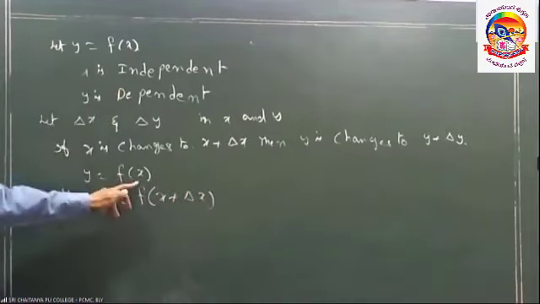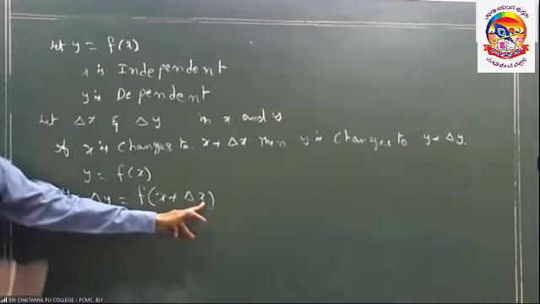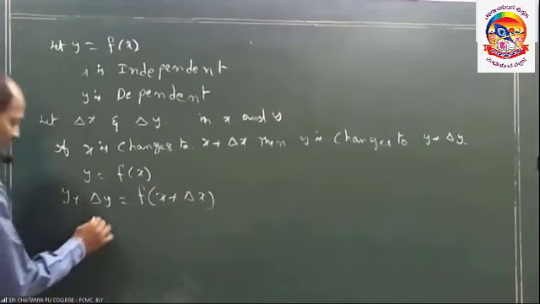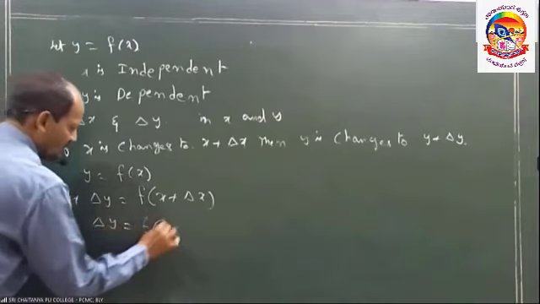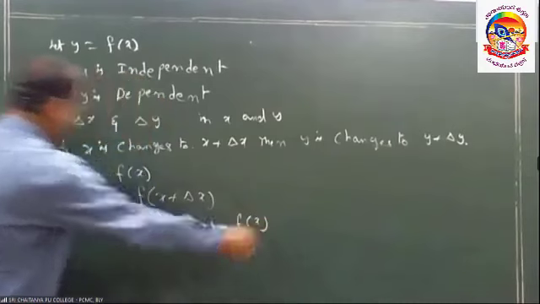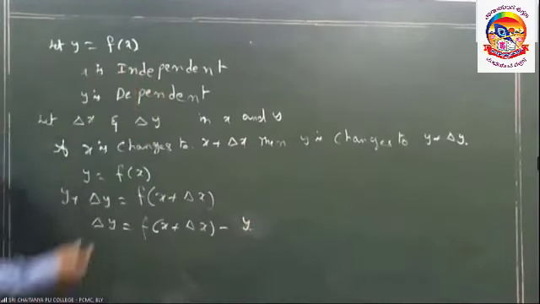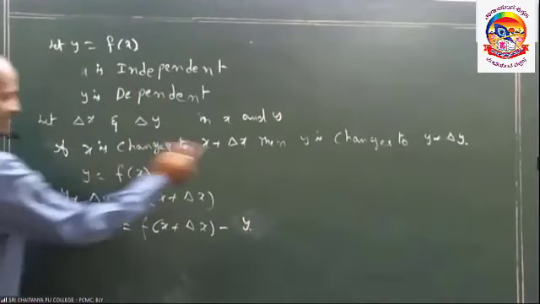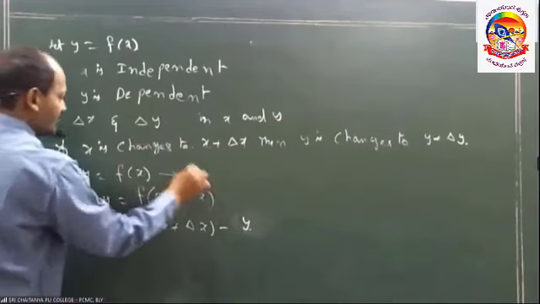For the general function y equal to f of x, if x changes to x plus delta x, then y also changes to y plus delta y. So delta y is equal to f of x plus delta x minus f of x, or y, where y is equal to f of x.